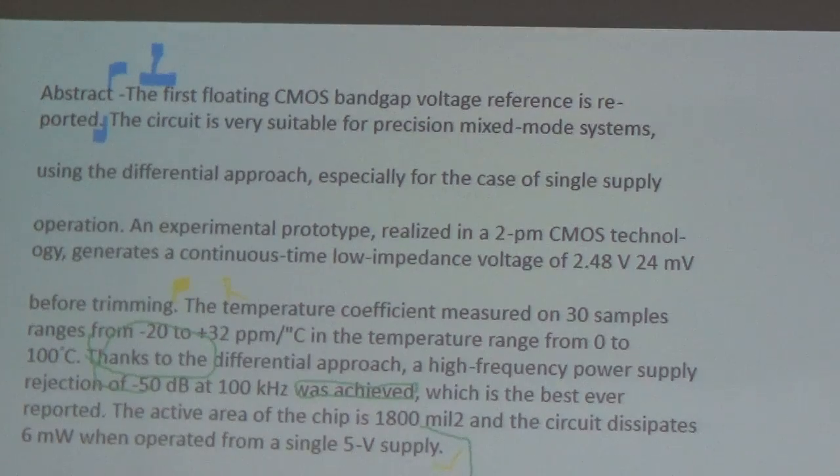Introduction ends here, and methods start from here to 100 centigrade. And then the result. No conclusion, no discussion. Now next.